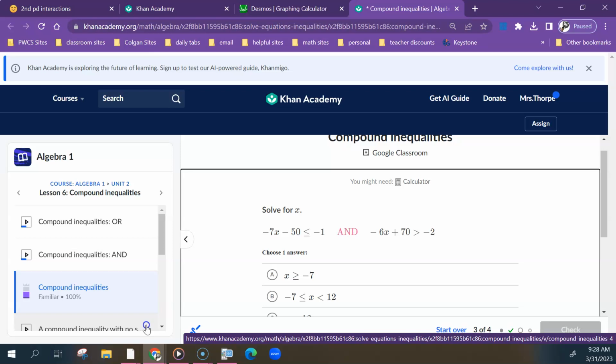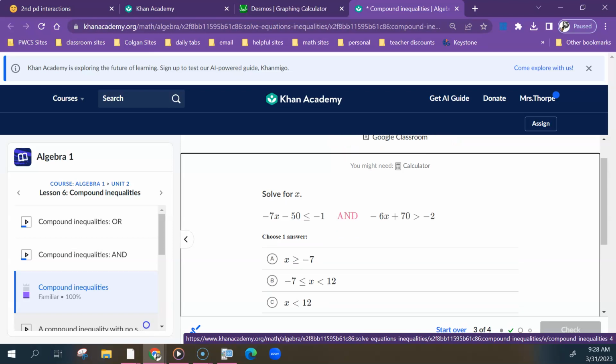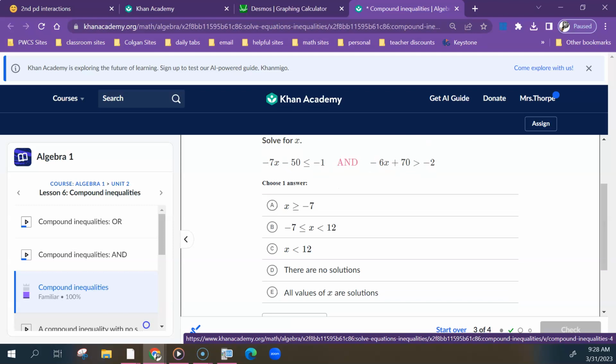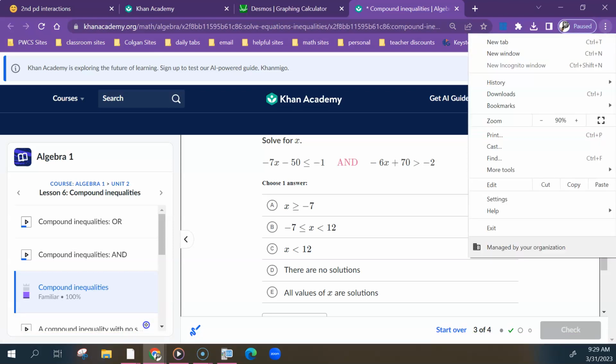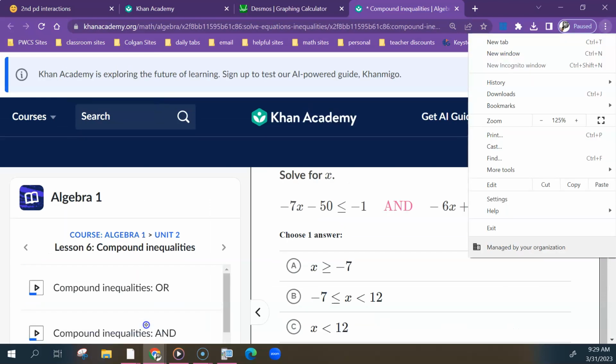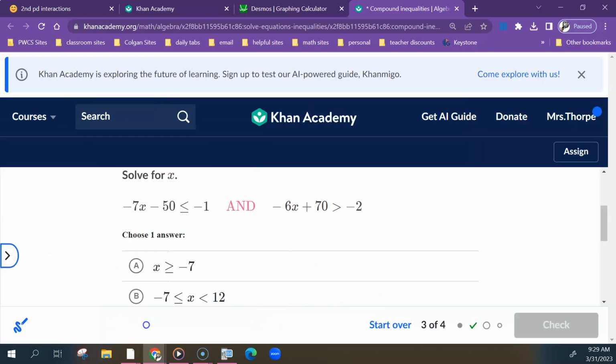Sometimes these are straightforward, sometimes they're not, and you kind of have to think about them a little weird. Okay, so when it gives it to you, the and or the or, they will be separated already, so you will solve both of them separately. I'll also rewrite these just in case you can't see them. So negative 7x minus 50 is less than or equal to negative 1.